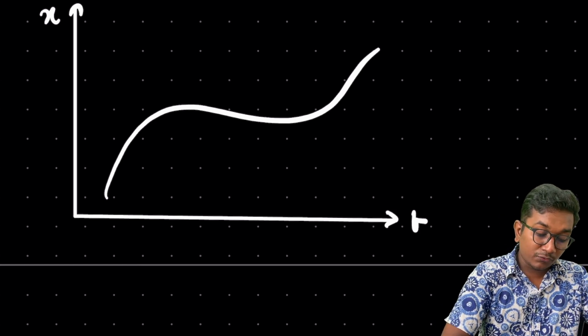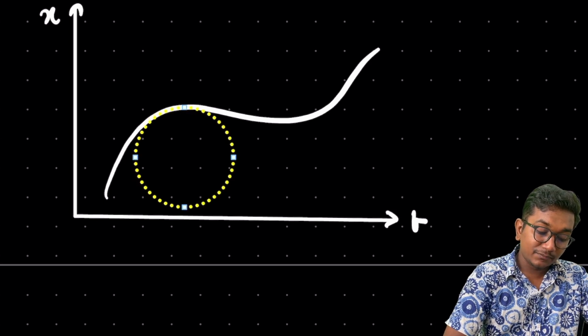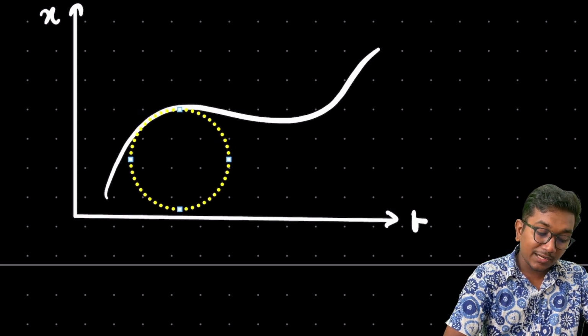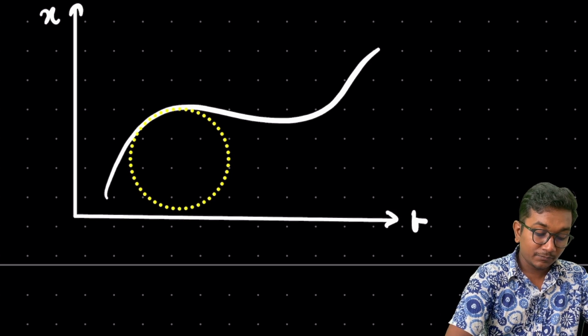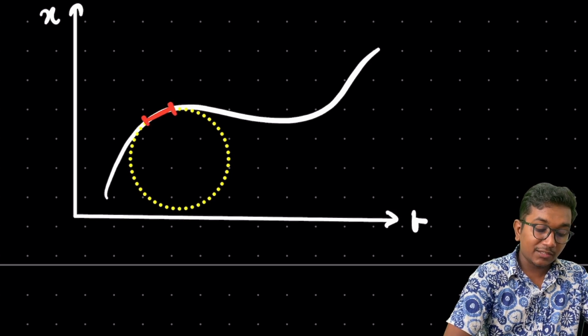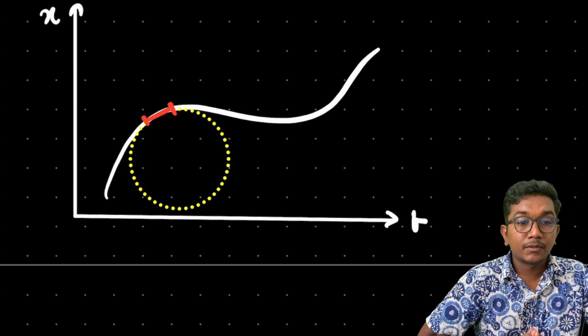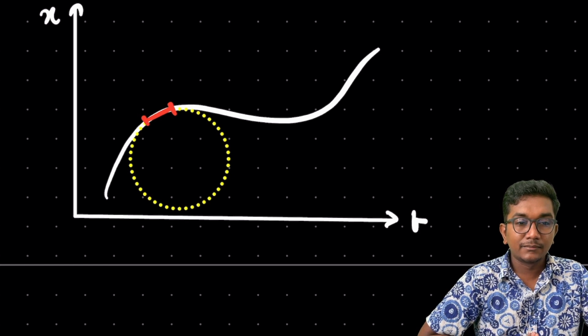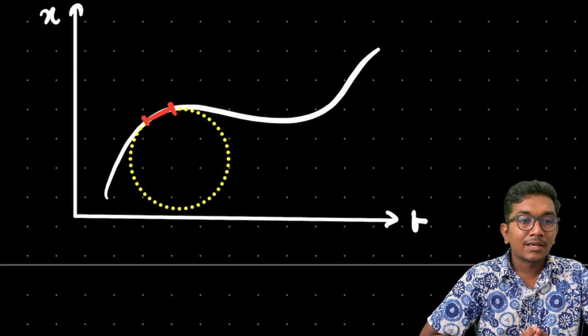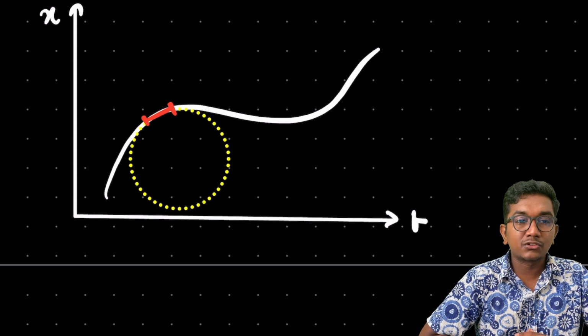I want you to find out what would be the radius of curvature at this point? What will be the radius of curvature at this point? By using the equation. Okay, so you just pause the video and give it a shot, and then come back. Okay, I hope you had a chance to solve the question.